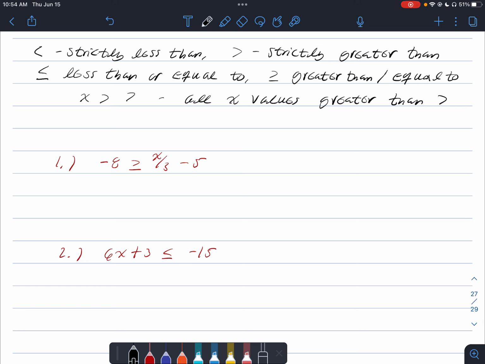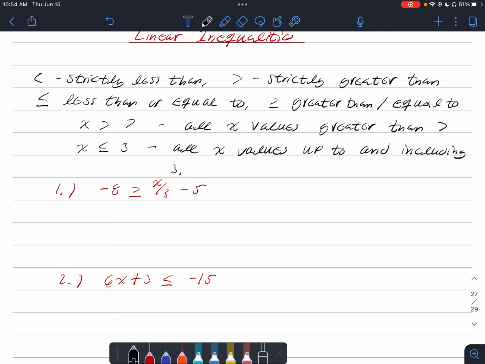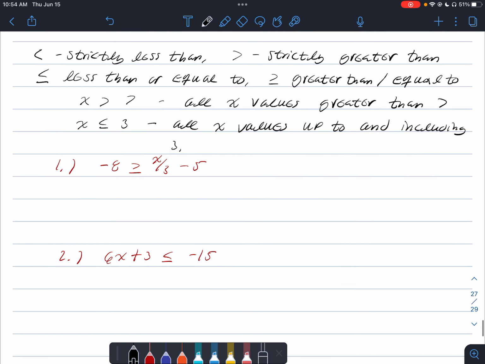And if we have x less than or equal to 3, this is all x values up to and including 3. So this is what these different symbols mean, and you can replace this with any of the symbols we just mentioned.